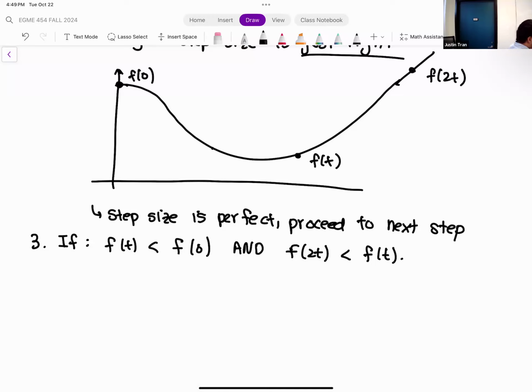So our function just continuously goes down. So in this case, f of 0 is our highest point. Then it's most likely that our step size is too small, and that we're only capturing just the descending portion of that function.